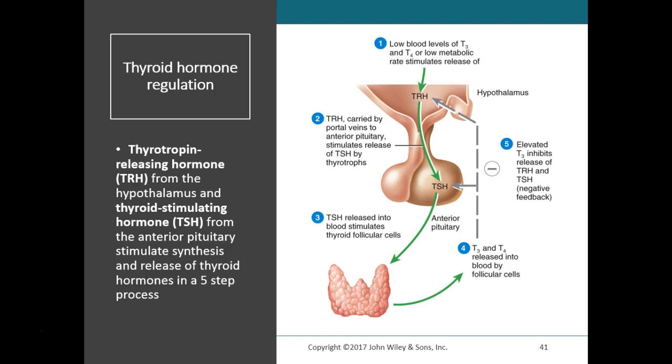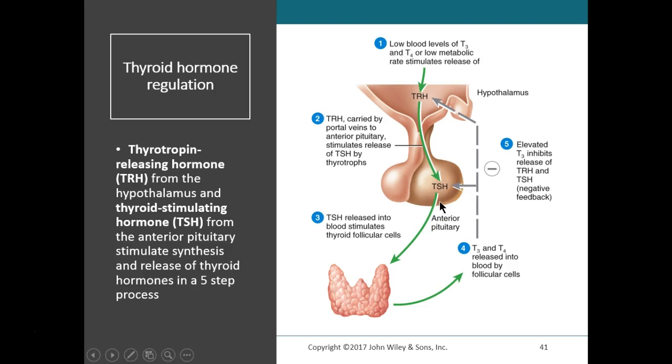Well, once again, we're going to go right back to the hypothalamus. When T3 and T4 levels are low, negative feedback is going to cause the hypothalamus to release thyrotropin-releasing hormone, which travels through the blood vessels in the hypophyseal portal system there in the infundibulum, down to the anterior pituitary, which releases thyroid-stimulating hormone.